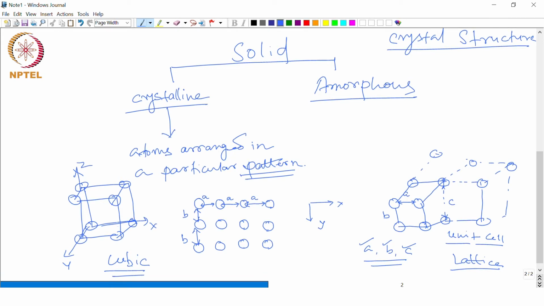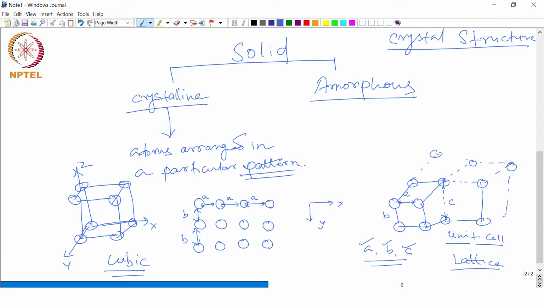Okay. And in most of the cases, the metals will have several of these crystals. So, a metal as such or a crystalline solid as such therefore can be defined as an aggregate of these crystals, right.